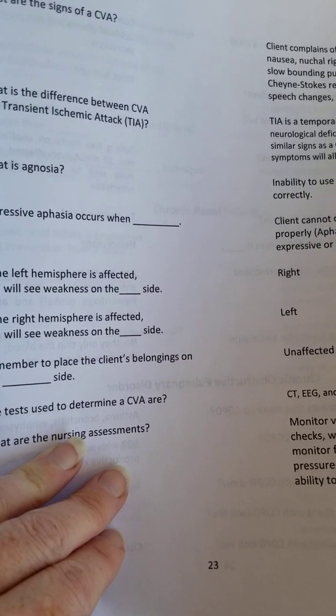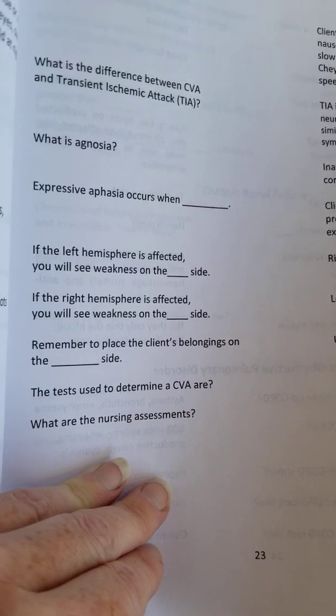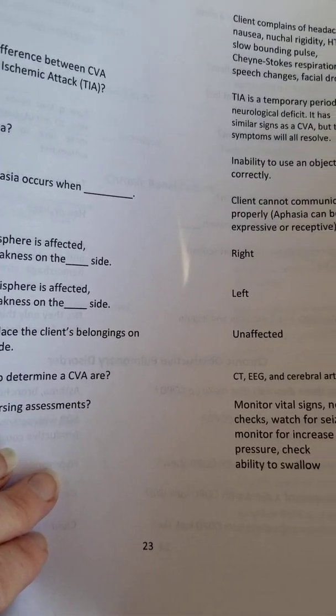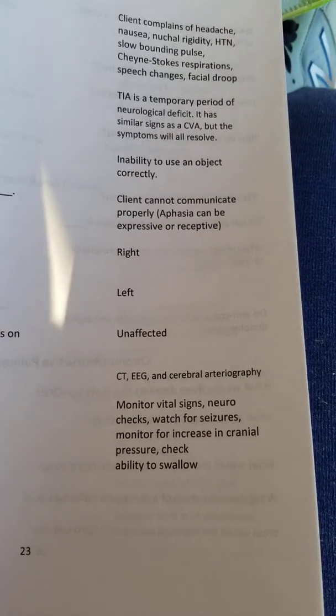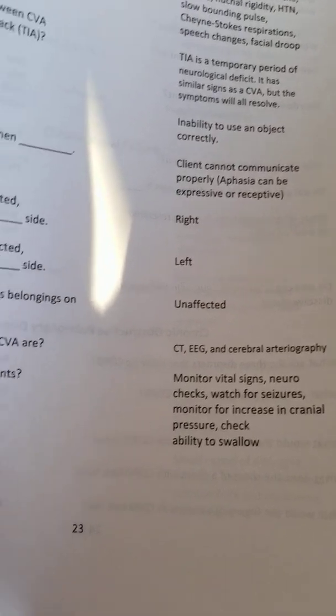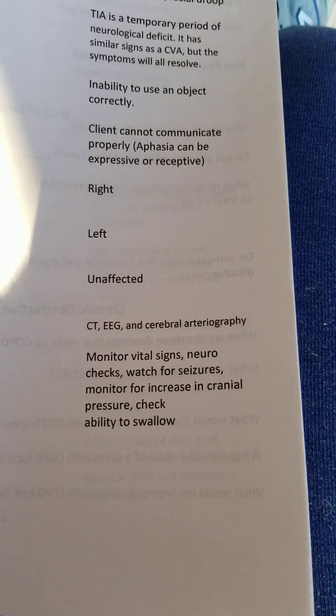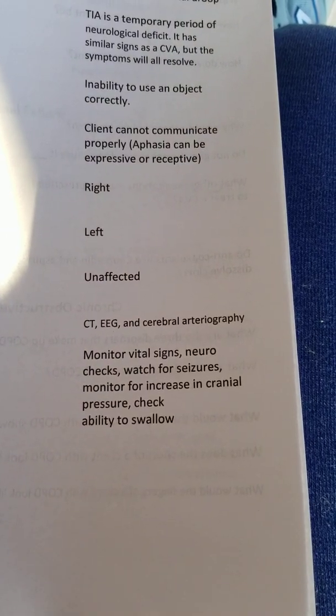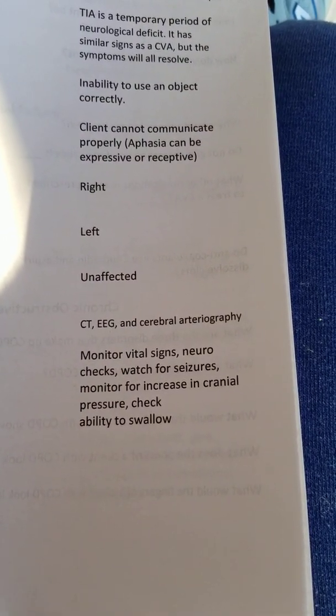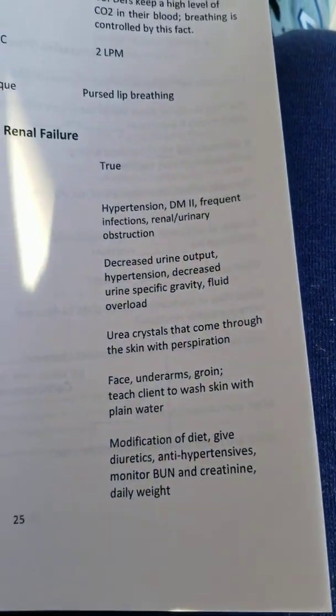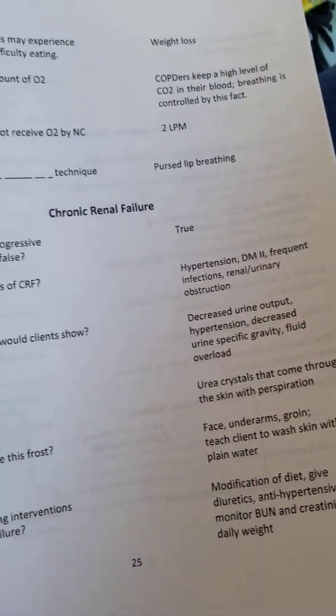Remember to place the client's belongings on the unaffected side. Tests used to determine CVA are CT, EEG, and cerebral arteriography. Assess vital signs, neuro checks, watch for seizures, monitor for increased cranial pressure, check ability to swallow.